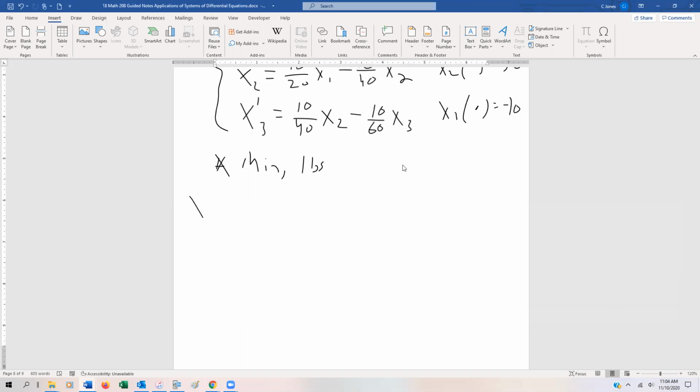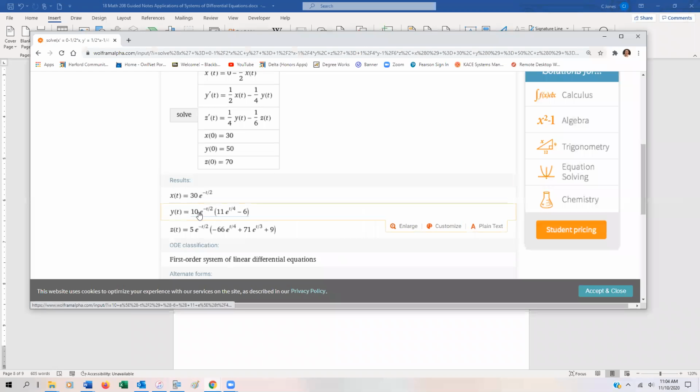So we're going to say x1 at t, which is tank 1, is just going to be 30e to the minus t over 2. X2 at t is going to be equal to, I'm just going to distribute these out. So if you're playing along, you have this.